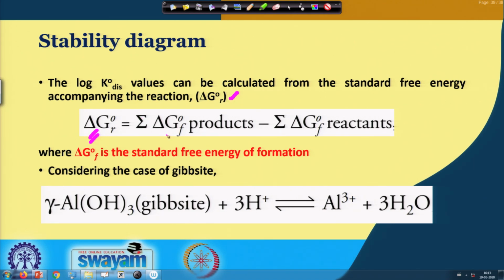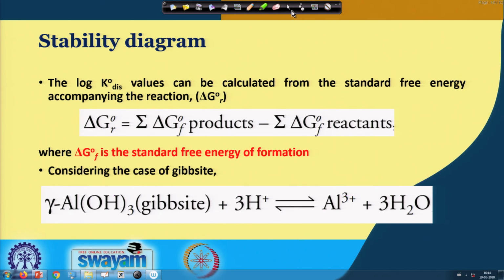It is basically the summation of the standard free energy of all the products minus the summation of the standard free energy of all the reactants. So, in the case of gibbsite, when the gibbsite reacts with protons, it produces Al3+ and 3H2O.